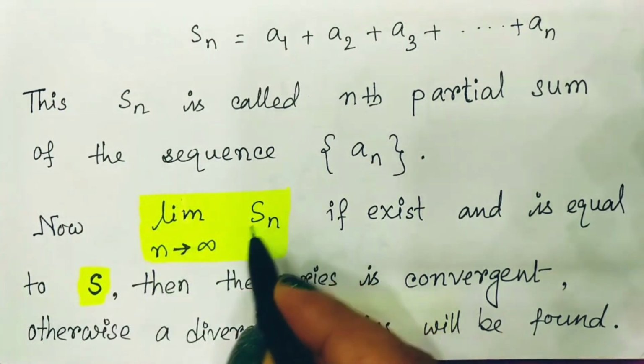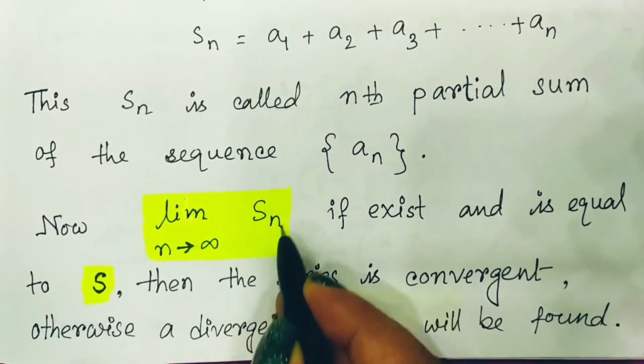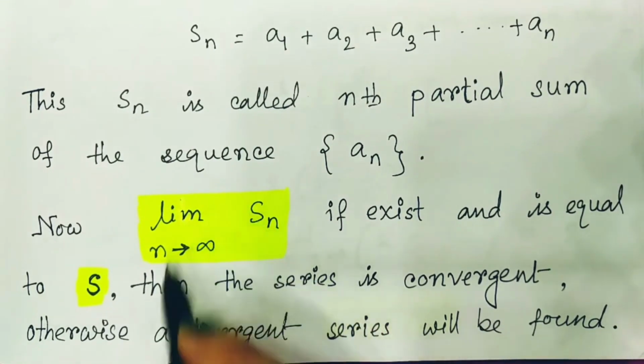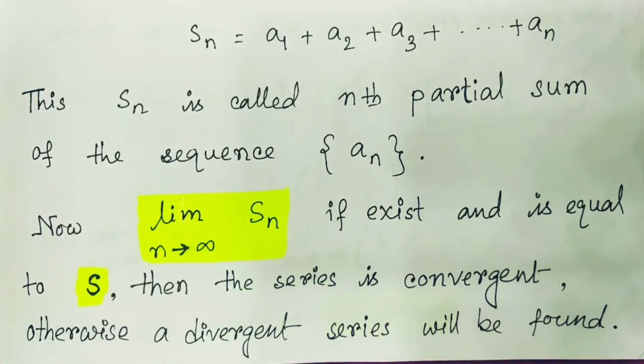This is nothing but a sequence, and if we want to test whether it is a convergent sequence or not, we should find out whether the limit exists or not. If the limit exists and it is finite and unique, then the sequence is convergent. Otherwise, it is divergent. Not only that, we have another procedure also. If we can show that the given sequence is monotonic, that is either monotonically increasing or decreasing, and it is bounded, then the given sequence is convergent.